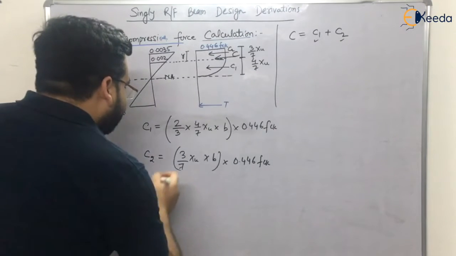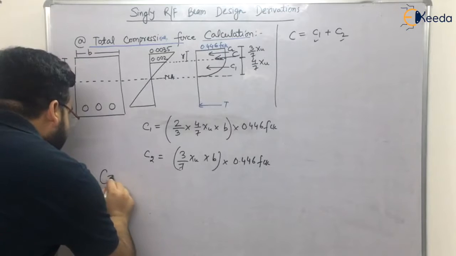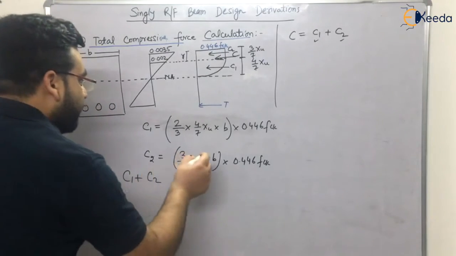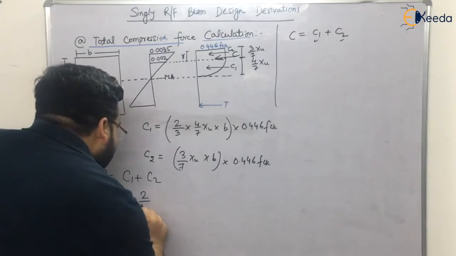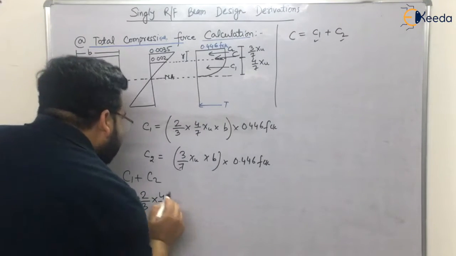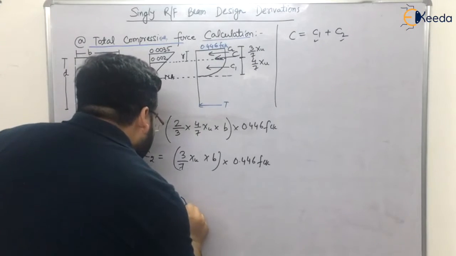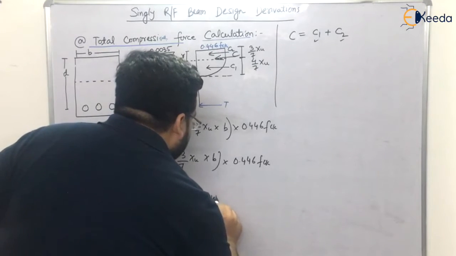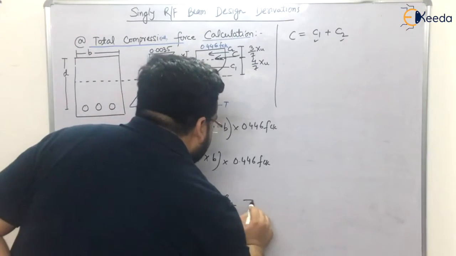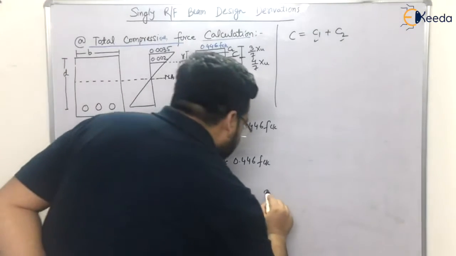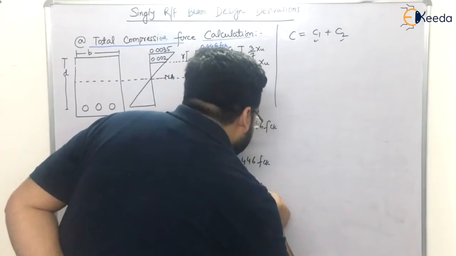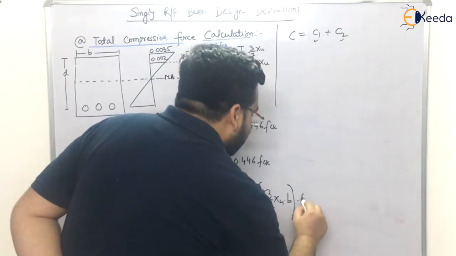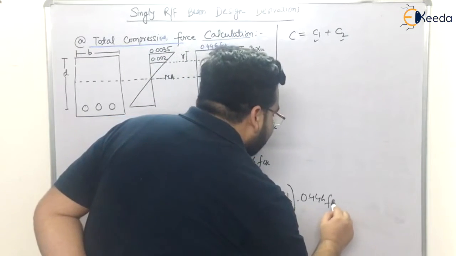So I will get total C equal to C1 plus C2. It will be equal to 2 by 3 into 4 upon 7 XU into B into 0.446 FCK plus this much, 3 by 7 XU into B into 0.446 FCK.